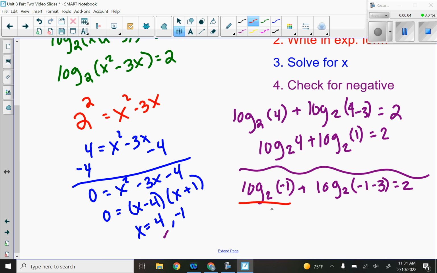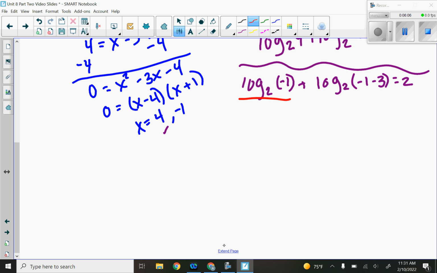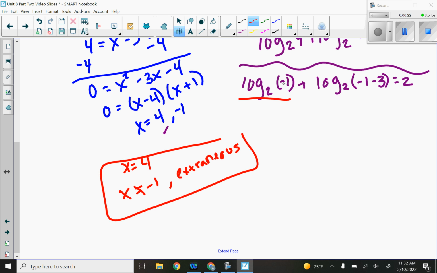So that's going to tell us that x equals 4 and x doesn't equal negative 1. It's extraneous. And once again, that's because we can't take the log of a negative number. So that's what that check for negative means.